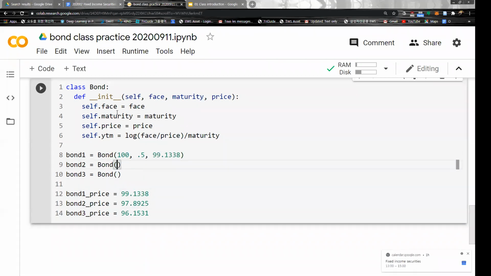And the bond two. Again, it is face, maturity, and price. Face value is always 100. Let's make it a floating number.